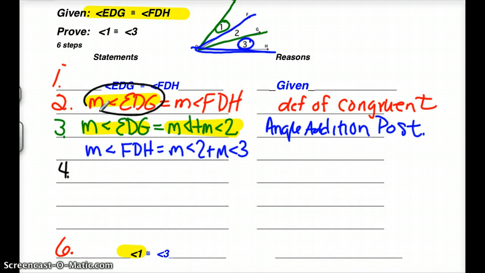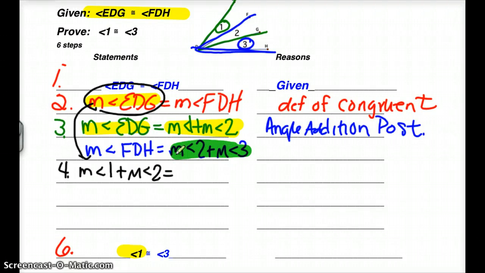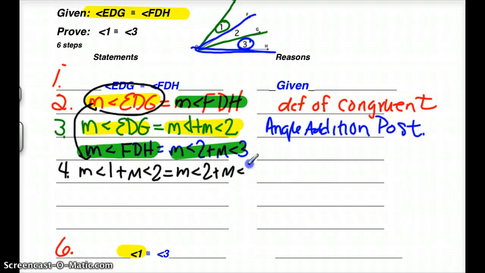Instead of EDG, I'm going to write the measure of angle 1 plus the measure of angle 2 equals, and then same thing here, here's 3. 3 is the same thing as FDH, and FDH is on the right. So I'm going to write the measure of 2 plus the measure of 3. What I've done here is a substitution.